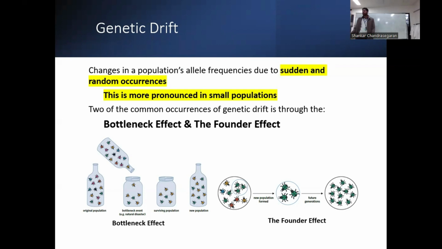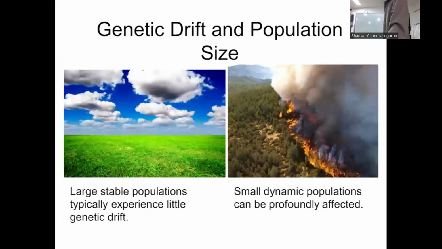Both of them are going to see a random and sudden event that causes the population's allele frequencies to change very drastically, right? So, like I said, how is this affected by population size? Within a big population, they can undergo genetic drift and still retain a lot of their allele frequencies originally.